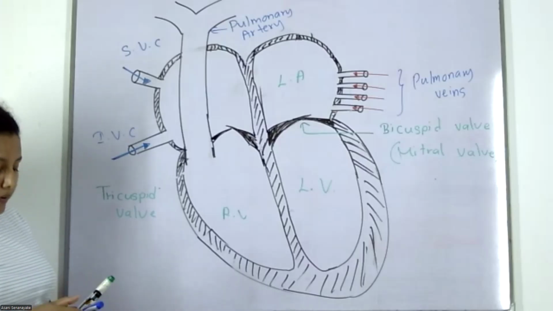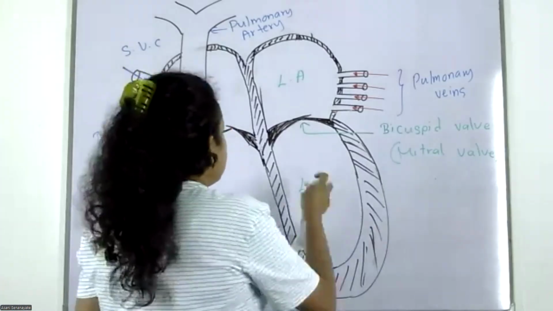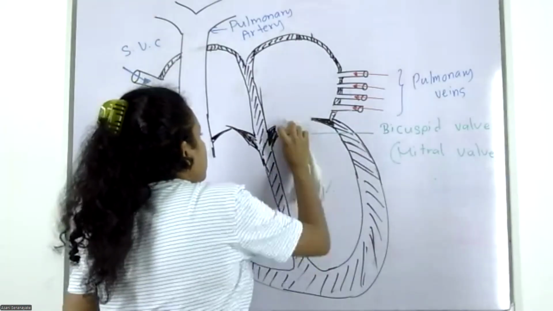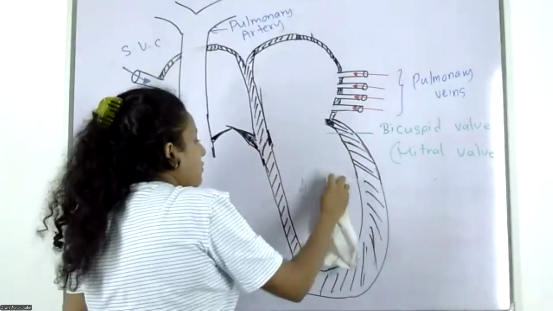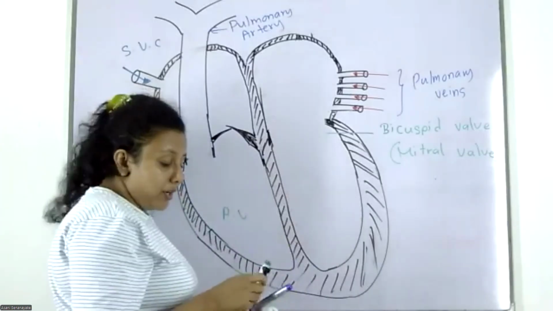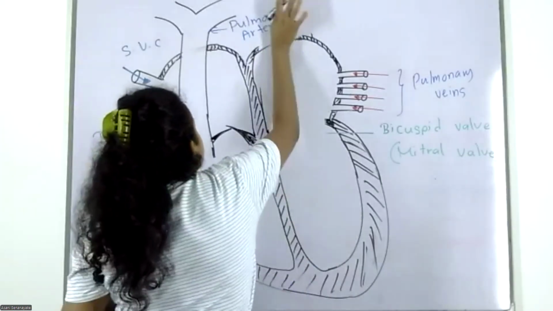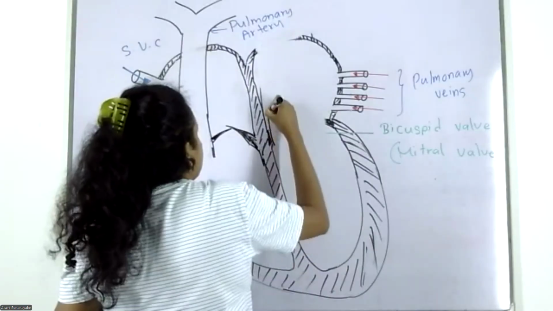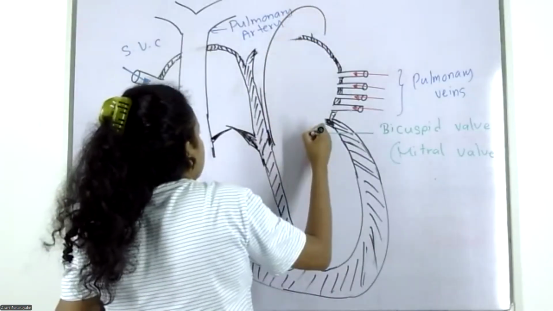And one more thing is there. As you read in your diagram, another vessel starts from the left ventricle also. We call this the aorta, and it grows this way.